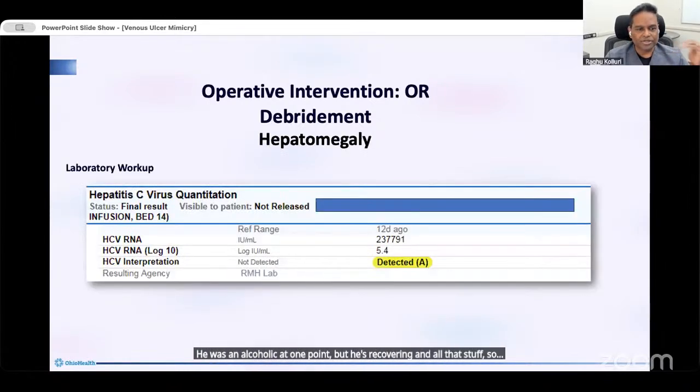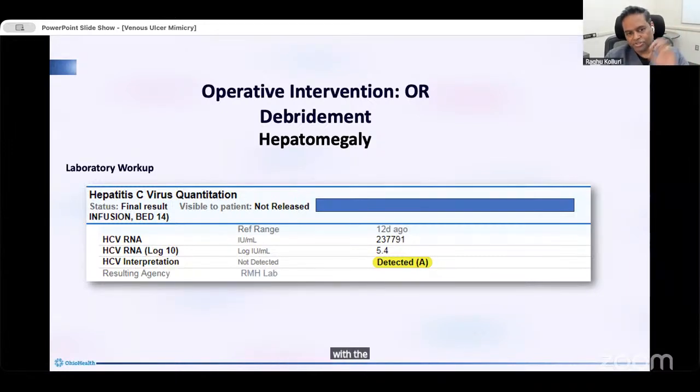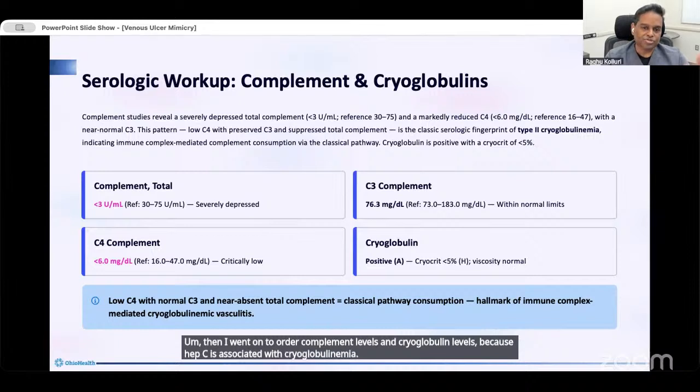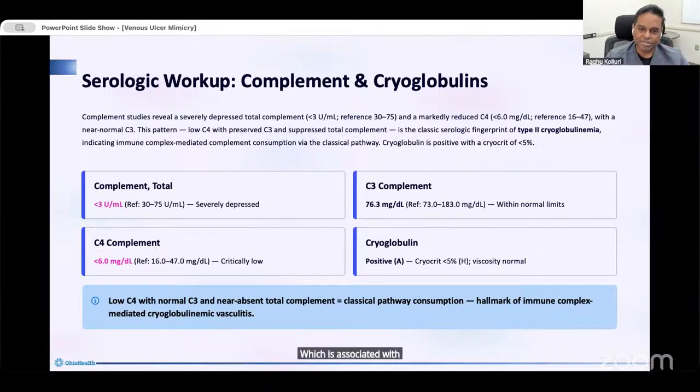So I went ahead and ordered a hepatitis panel, and lo and behold, with the rash and the history, the hepatomegaly, he was noted to have Hep C positive tests. Then I went on to order complement levels and cryoglobulin levels because Hep C is associated with cryoglobulinemia, which is associated with ulcers and the rash that we looked at and all that.